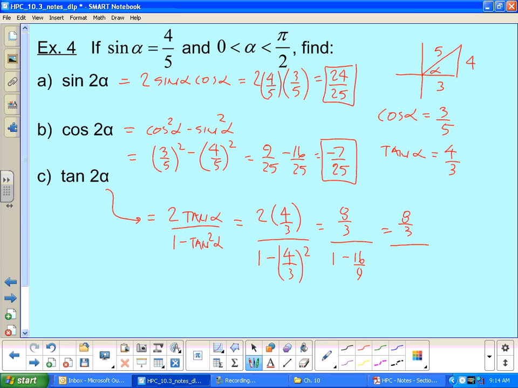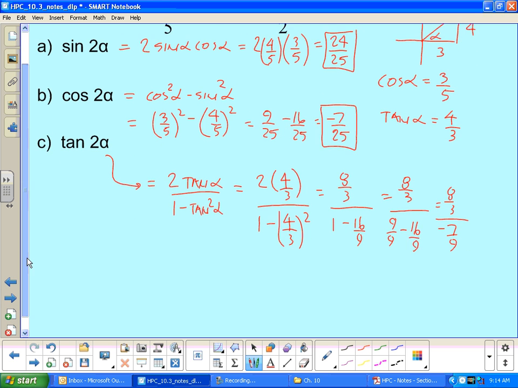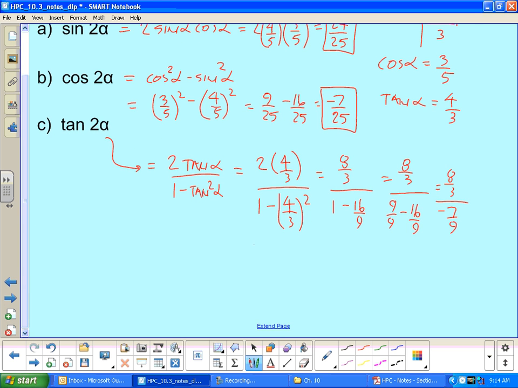So 9/9 minus 16/9 gives me 8/3 divided by negative 7/9. And then we will save it, change it, flip it. So 8/3 times the reciprocal of negative 7/9. 3 and 9 reduce, and I get 24 over negative 7. We could write it like this, negative 24 over 7.